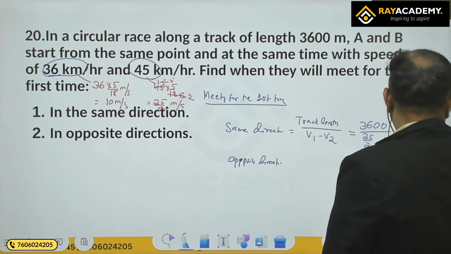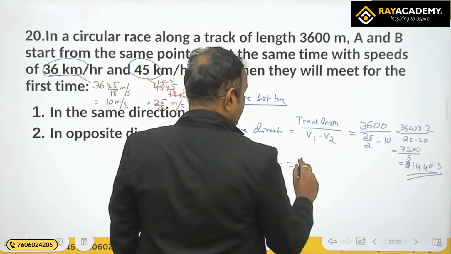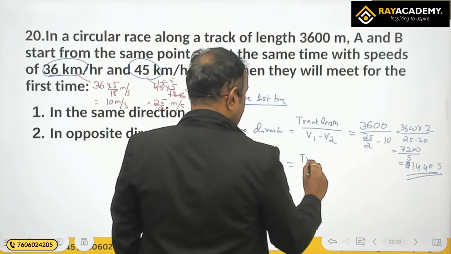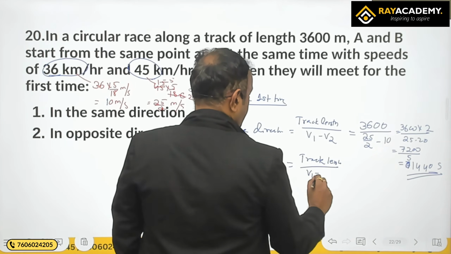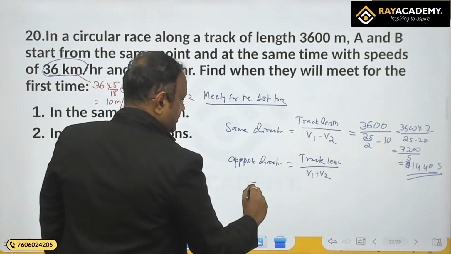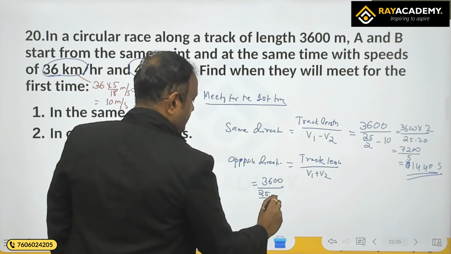That gives 1440 seconds. Then you can convert to hours also if you like. And for opposite direction, it is track length divided by V1 plus V2. So this will be 3600 by 25 by 2 plus 10.